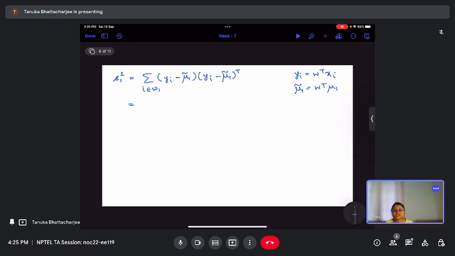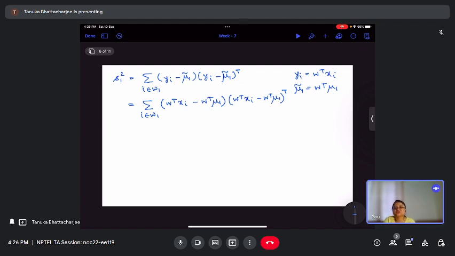So we can put these expressions into this equation to get an even simpler form. If we do that, this looks like this.